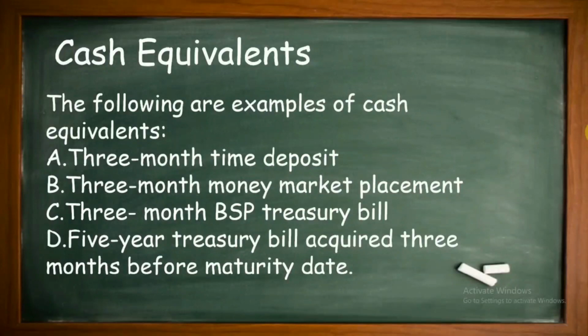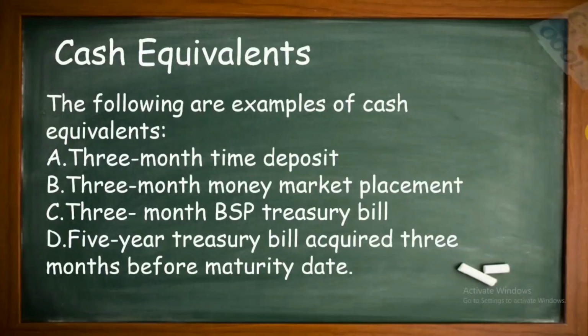Cash equivalents, the following are examples of cash equivalents. A. 3-month time deposit. B. 3-month money market placement. C. 3-month BSP treasury bills. D. 5-year treasury bill acquired 3 months before maturity date. So, example ko dito sa mga to.